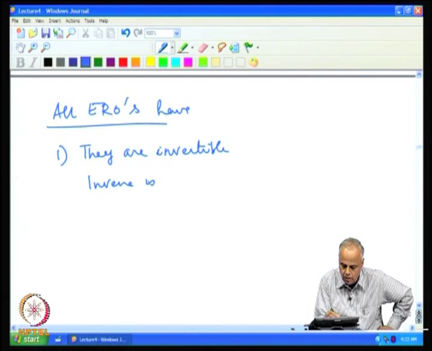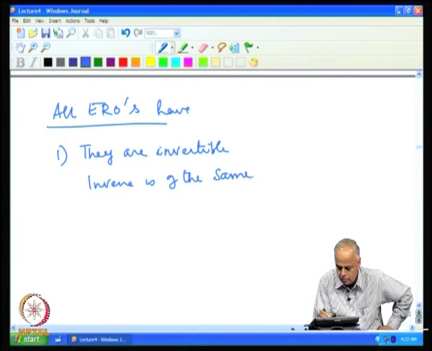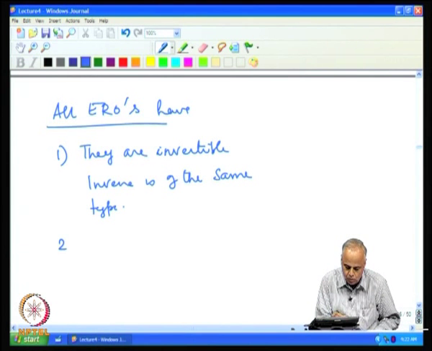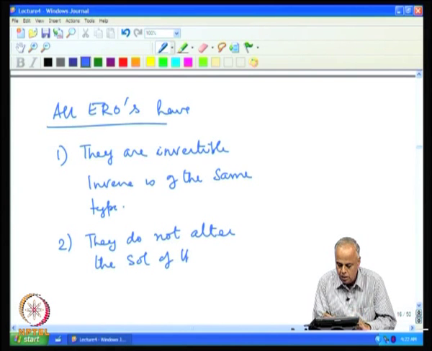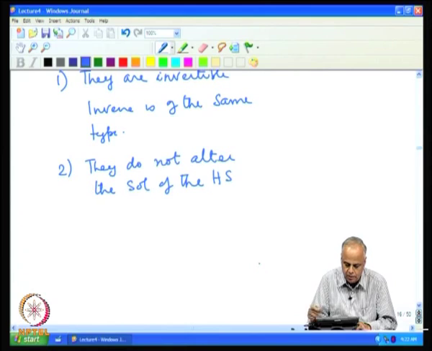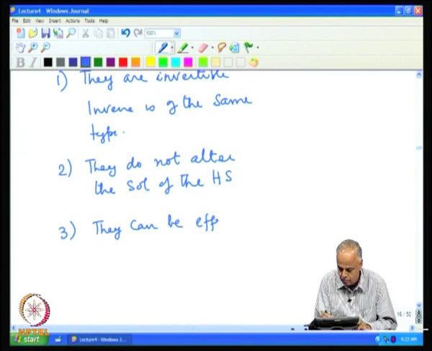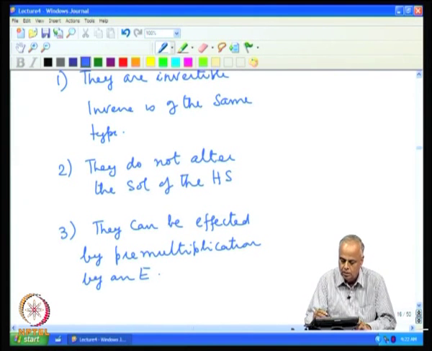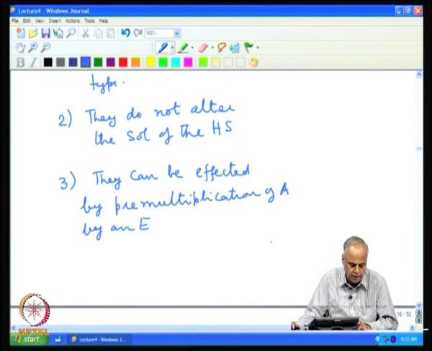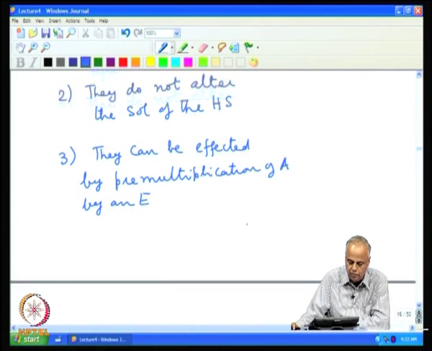Inverse is of the same type. 2, they do not alter the solutions of the homogeneous system, and 3, they can be effected by pre-multiplication of A by an E. Again we tacitly understand what we mean by E.